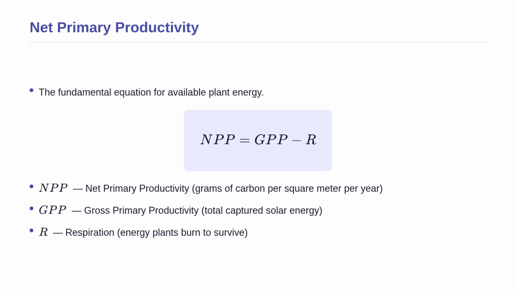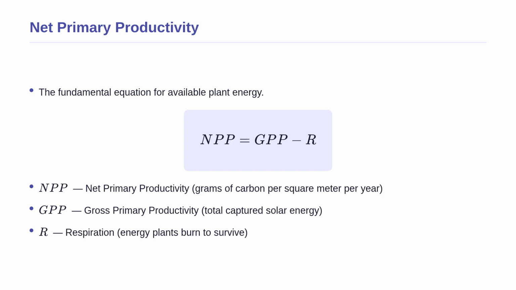This is the usable plant energy available for animals to eat. GPP represents gross primary productivity, which is the total amount of solar energy that plants capture through photosynthesis. Finally, R represents respiration, which is the energy the plants themselves must burn just to stay alive and grow.